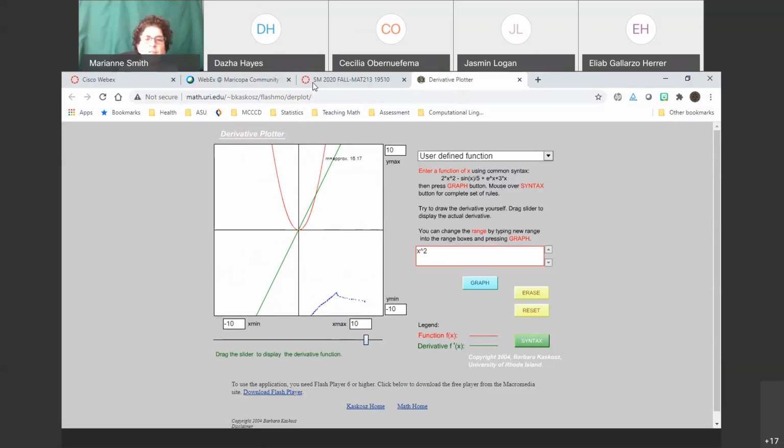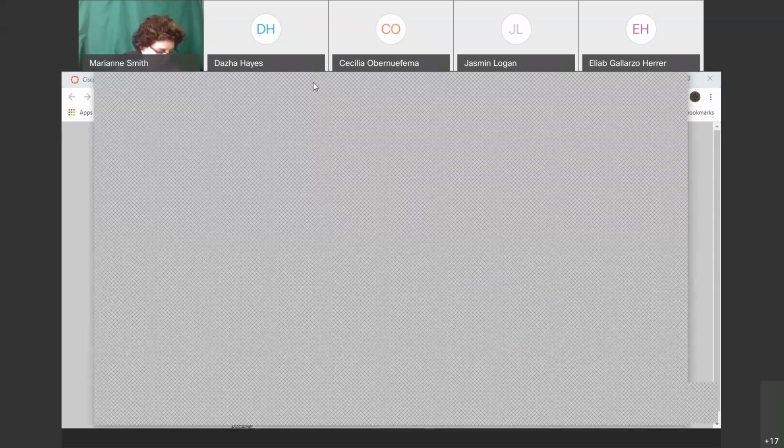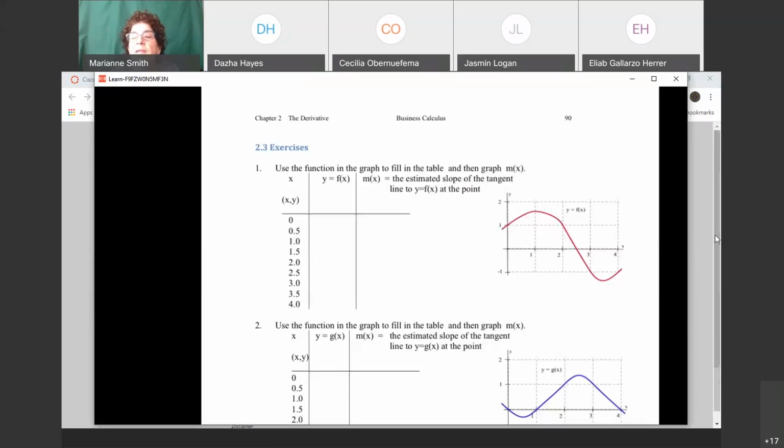Then I have some more that involve some algebraic manipulation that we can do together. So let me share my iPad, and hopefully you can see what I'm seeing.